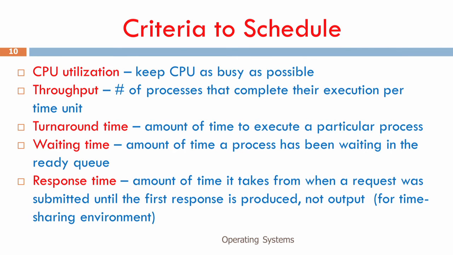This is called starvation. So the other important criterion that I am looking at is throughput, which is the number of processes that complete their execution per unit time. The moment I look at throughput and CPU utilization together, I have got some notion of reducing starvation. If I have one program that is executing for 100 units of time, and two more programs each executing for 25 units of time, then if I just run that 100 unit program forever, I will get good CPU utilization, but the throughput will be just 1.